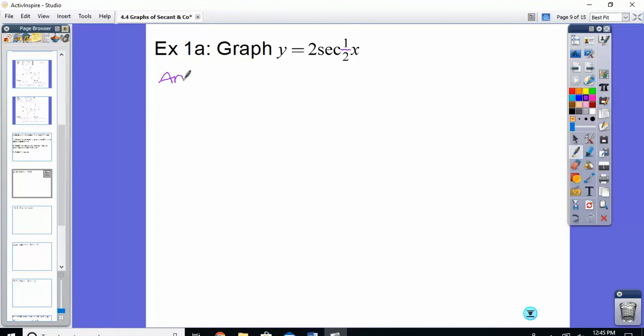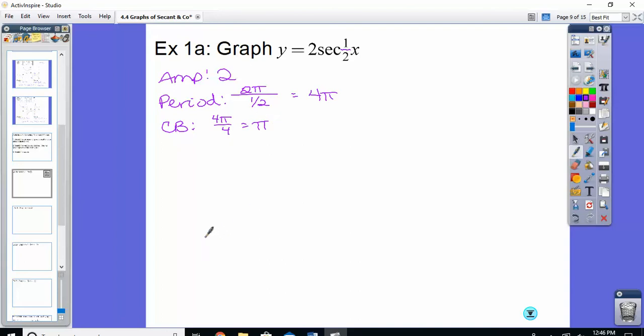Amplitude 2. Period. Normal period for sine and cosine is 2 pi divided by the number in front of x. So 2 pi divided by 1/2 would be 4 pi. Count by period divided by 4, which is pi.